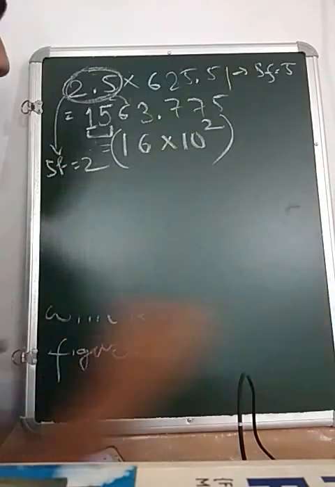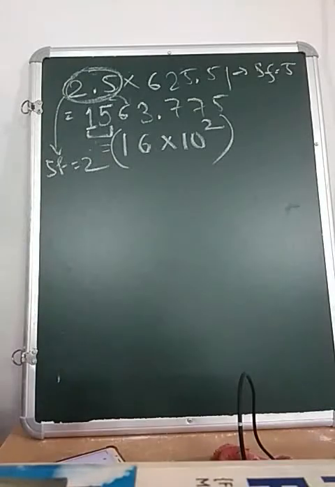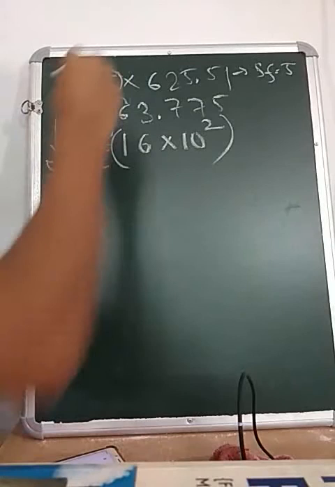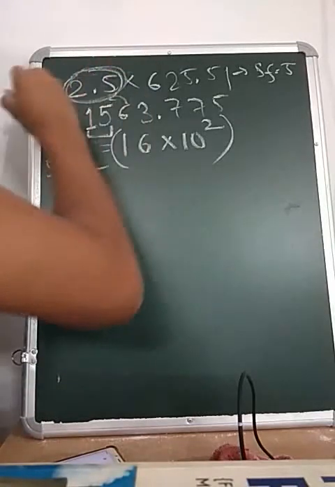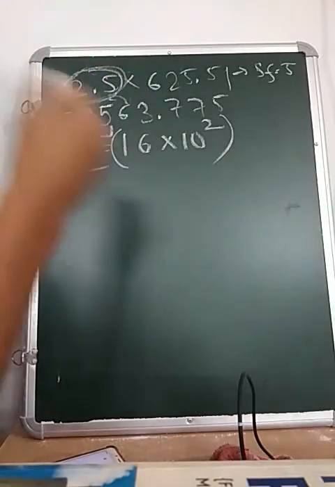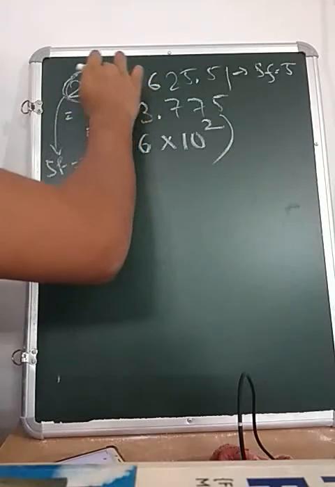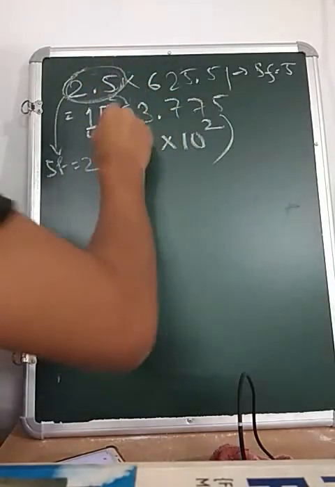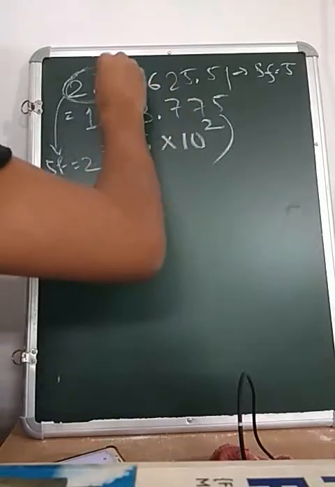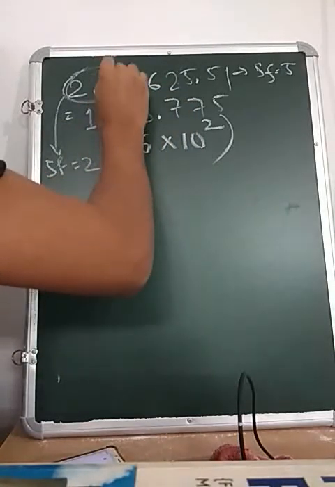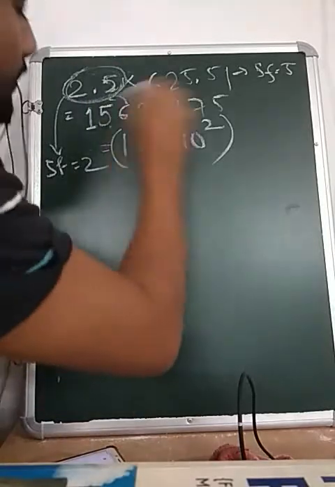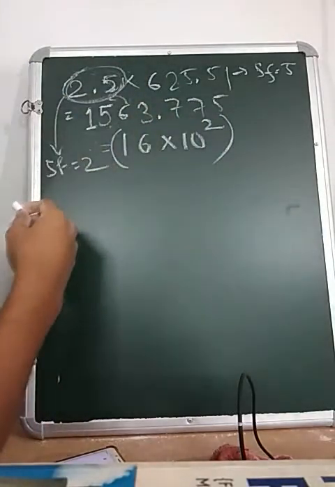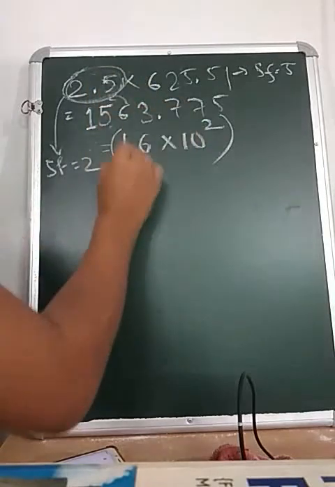So what we get in case of multiplication and division is that the final answer should retain as many significant figures as there are in the number with the least significant figures. So this is the answer, and the least is 2, so we have to convert this result to two significant figures.